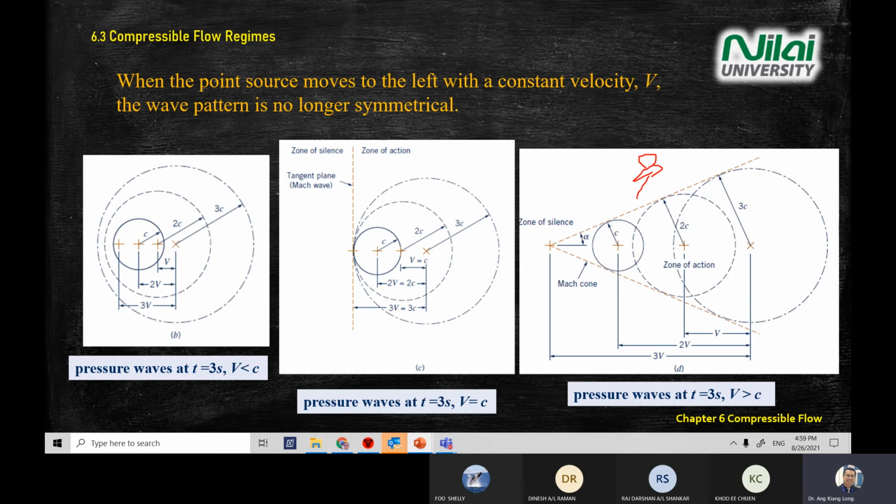Let's say your enemy is at the side of your aircraft. Your enemy might not detect you if you fly faster than the speed of sound. You will form a phenomenon called the Mach cone, and only if the enemy is within this Mach cone are you detected. Outside this Mach cone, you are not detected. So this is an application of the compressible flow chapter.